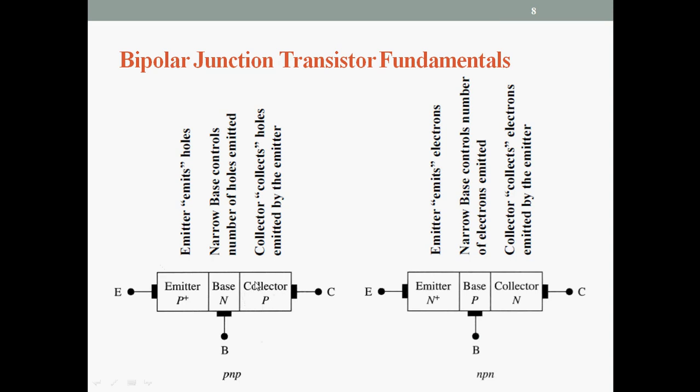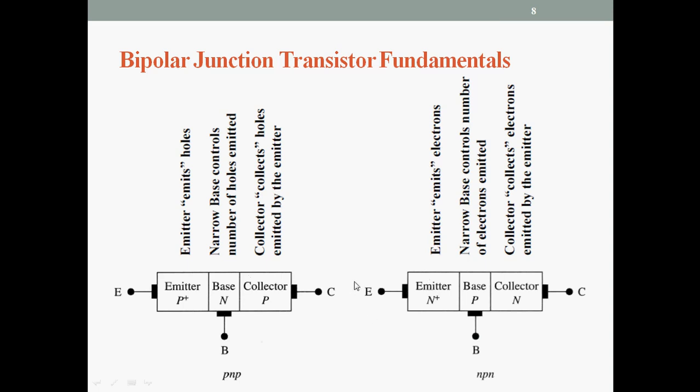This collector region is moderately doped and it will collect the carriers, so it is called the collector. The emitter emits the holes, a narrow base controls the number of holes emitted, and the collector collects the holes emitted by the emitter.